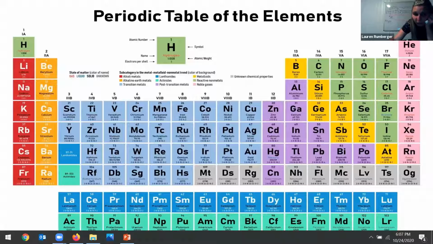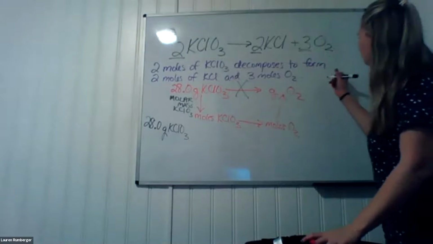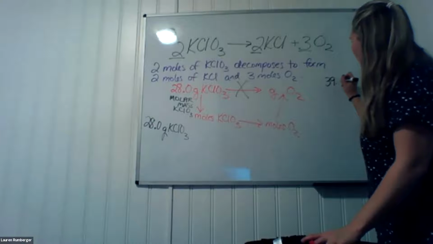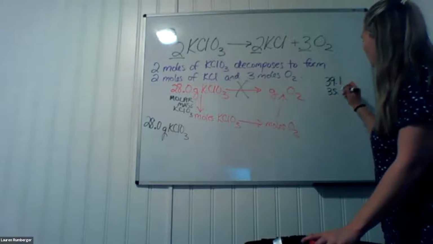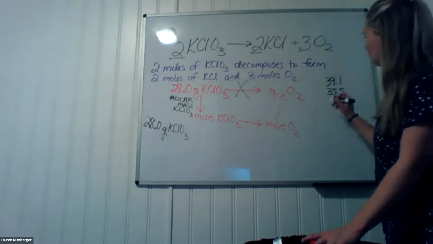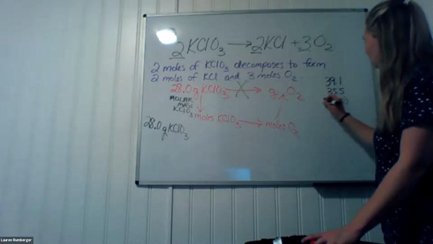Okay, so using those masses, 39.1, 35.5, and 16. We have one potassium, so that's 39.1. We have one chlorine, 35.5, and we have three oxygens, 3 times 16.0.